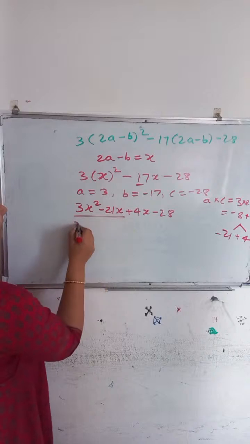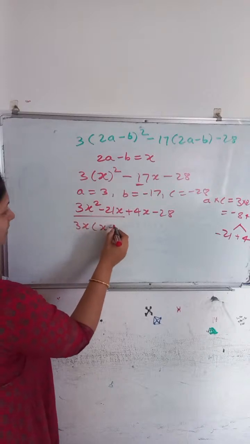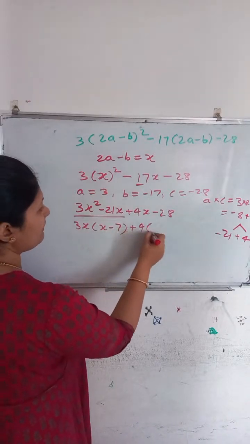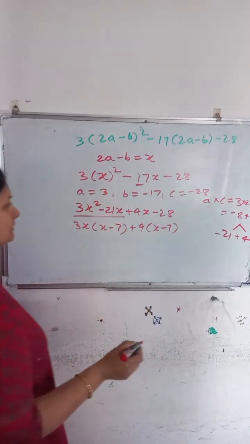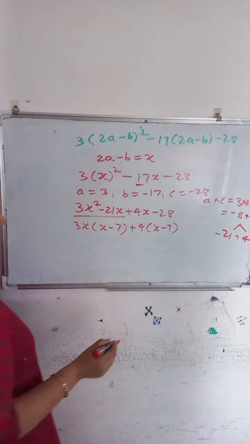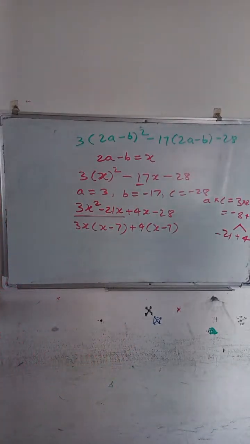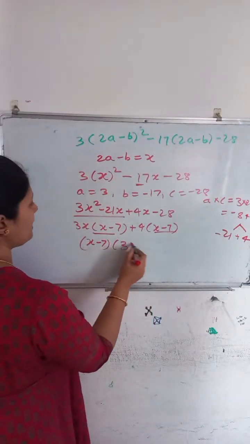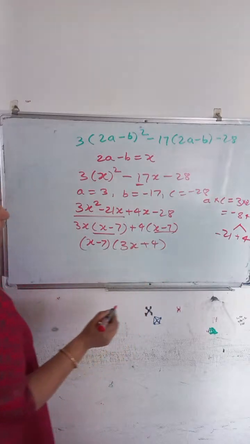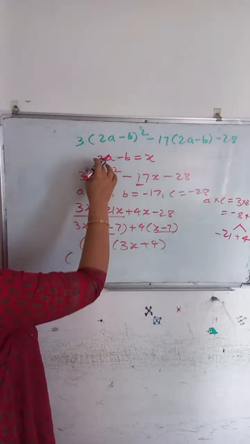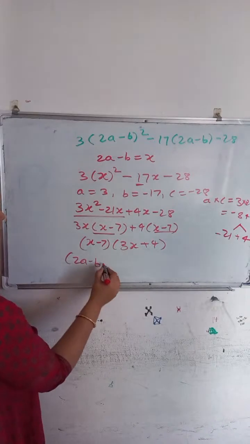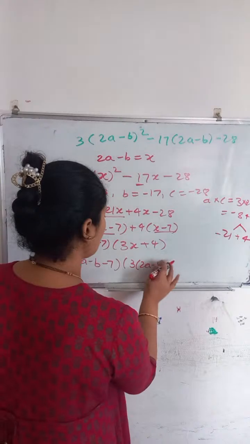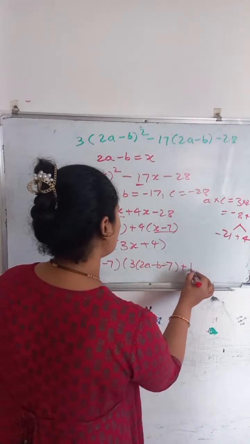So if I take 3x common, x minus 7, plus 4, if I take common, x minus 7. So here x minus 7 I will take common, and 3x plus 4. Now you can substitute the value for x, that is (2a − b − 7) and (3(2a − b) − 7 + 4).